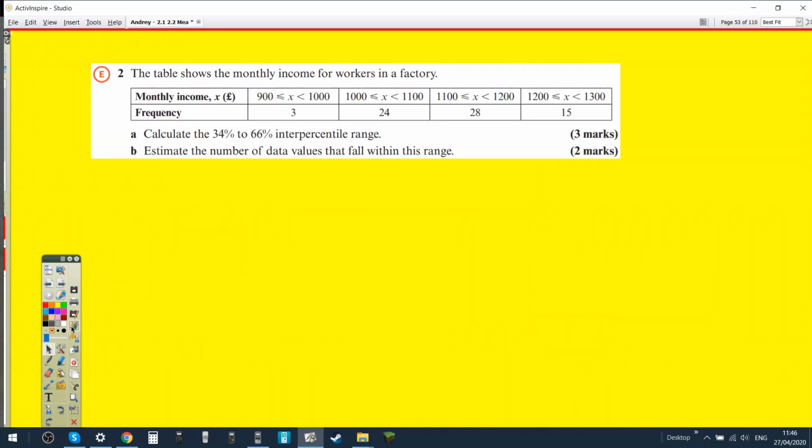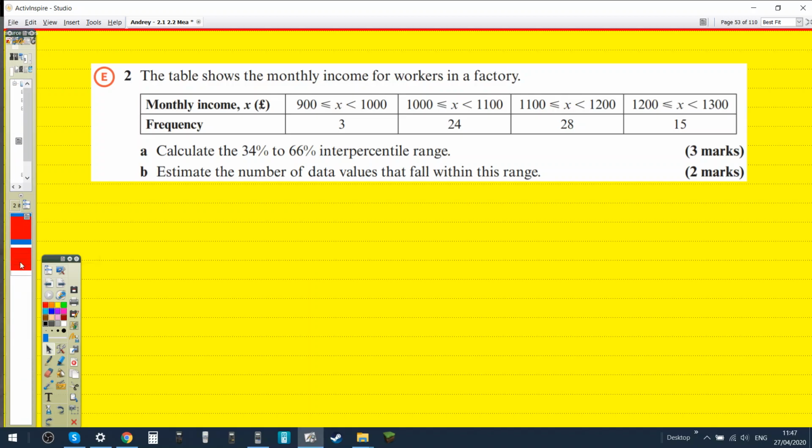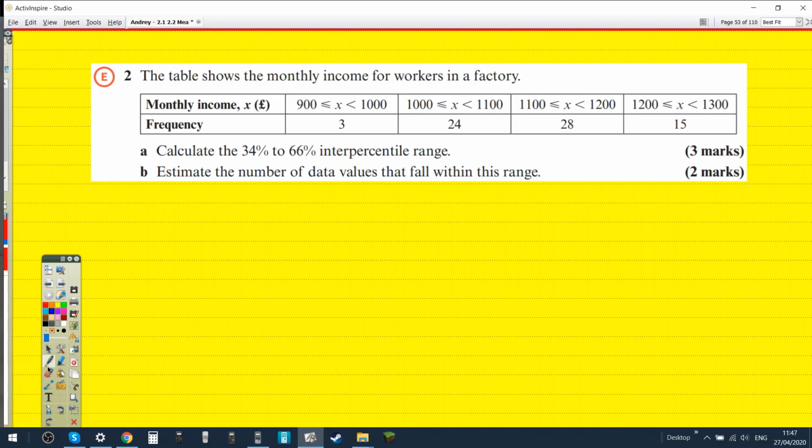Let's see. How would you do that same thing for this one? The number of elephants between the 34th and 66th percentile range. So if I got the cumulative frequencies, 70 goes up to, I think.